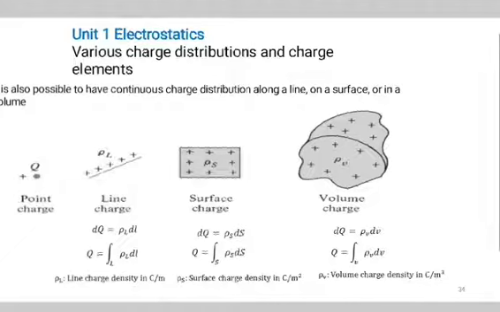So here rho v is equal to dq by dv. So we can write dq is equal to rho v into dv. If we take integration on both sides, then it becomes Q is equal to integration over v of rho v dv, and the electric field intensity produced by the volume charge is E bar equal to integration of rho v dv by 4 pi epsilon 0 r square.